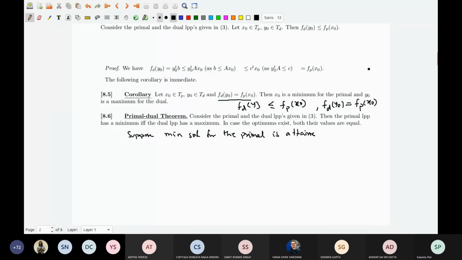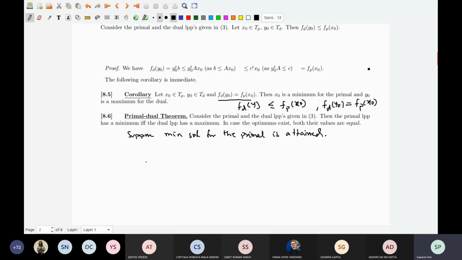Suppose this, then the maximum solution of the dual problem is also attained and they have the same value. Actually, it is if and only if.